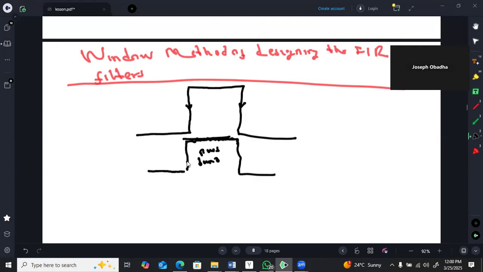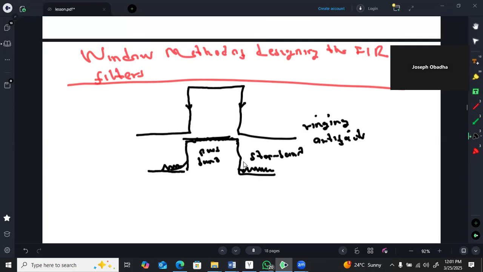And even in the stop band, you would not just have a constant value. You would have some fluctuations in the stop band, and sometimes we call them ringing artifacts. So we won't have a filter exactly where we don't have these variations in the passband and in the stop band.